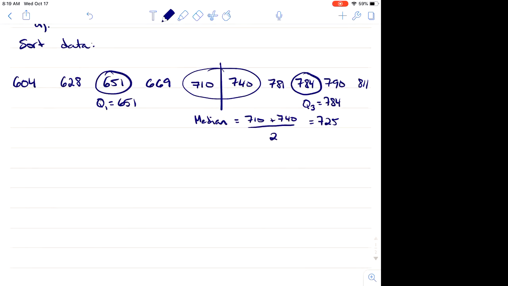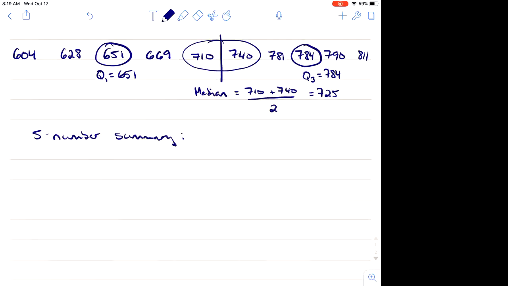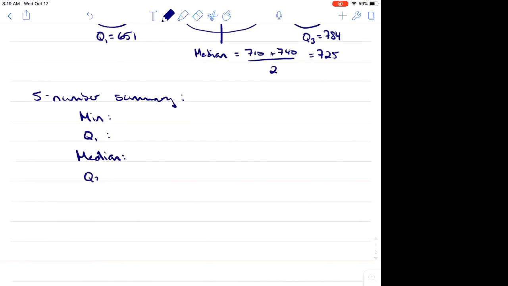So then my 5-number summary, starting with the minimum, Q1, median, Q3, and the maximum.